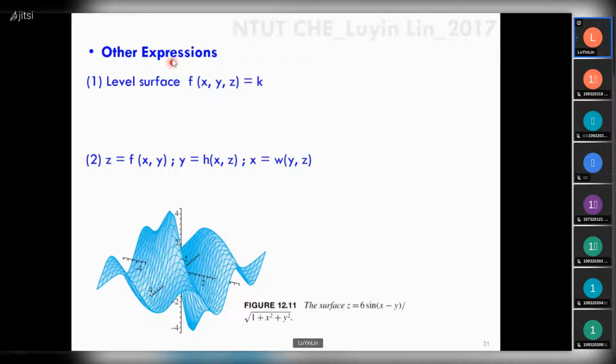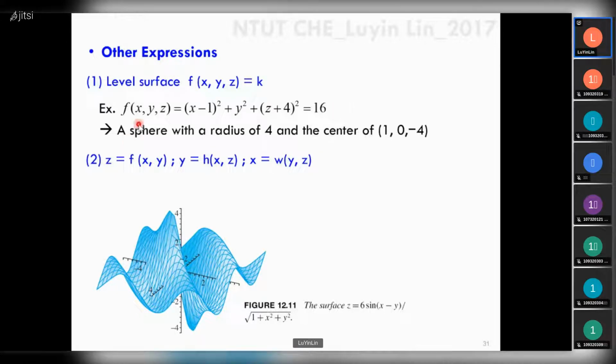A level surface puts all the variables x, y, z on one side of the equal sign, and the other side is a constant. So here, a function of x, y, z is equal to a single constant.